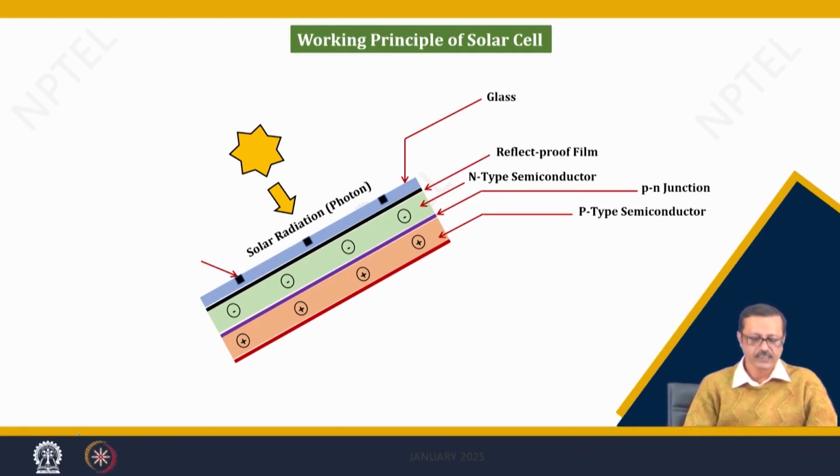Out of that, in between these layers, there is an N type semiconductor and there is a P type semiconductor. Actually, it is an electronic device. The motion of the electrons is based on the principle of semiconductor devices, N and P type, and in between the N and P type there is a junction which we call a PN junction.